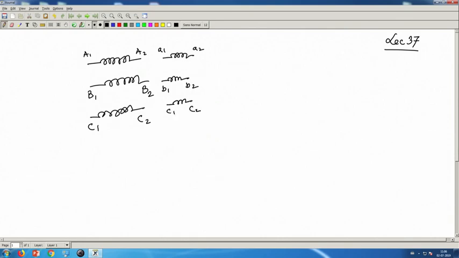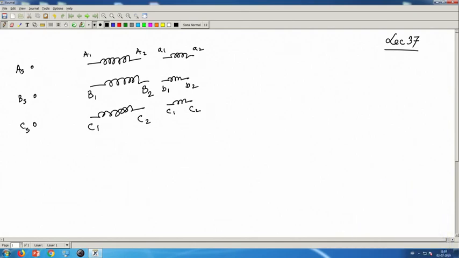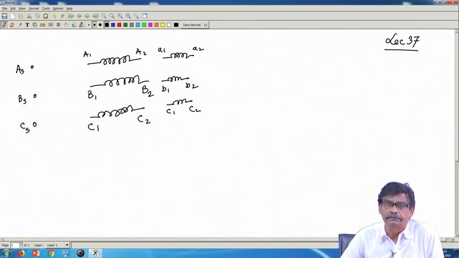And then you have the three supply terminals, that is AS, BS, and CS. Now, I have to connect the supply and connect this primary and secondary in a particular fashion as desired.